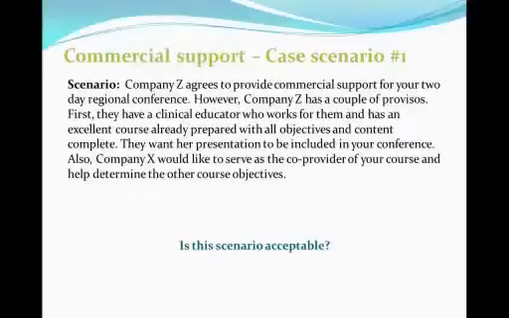First, they have a clinical educator who works for them and has an excellent course already prepared with all the objectives and content complete. Everything has been developed. They want her presentation to be included in your conference. Also, Company Z would like to serve as a co-provider of your course and to help determine the other course objectives. The question is, is this scenario acceptable?